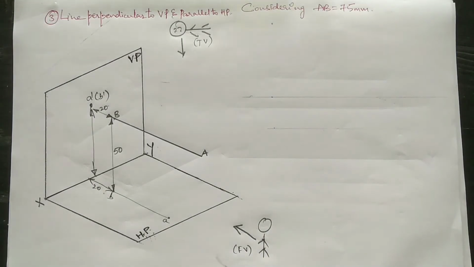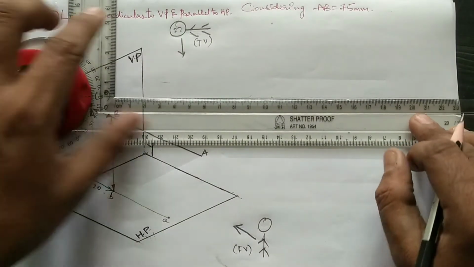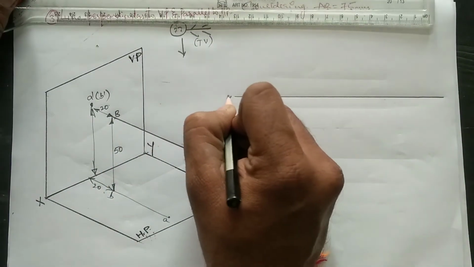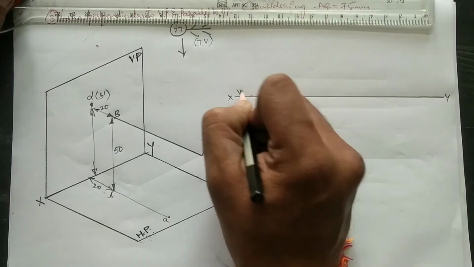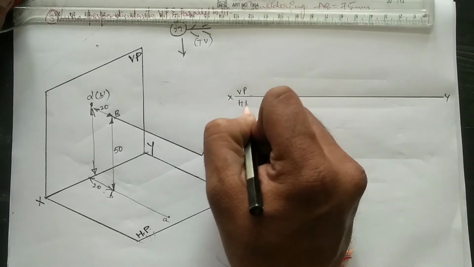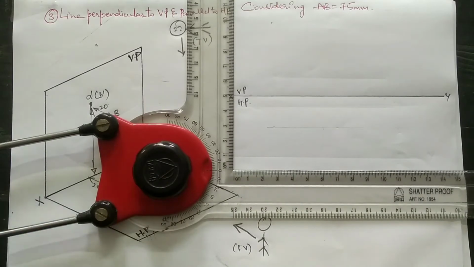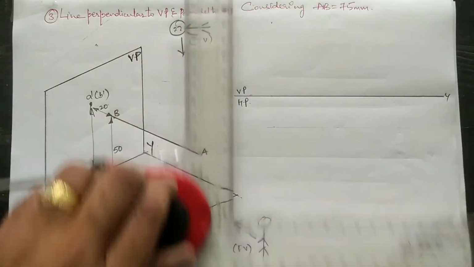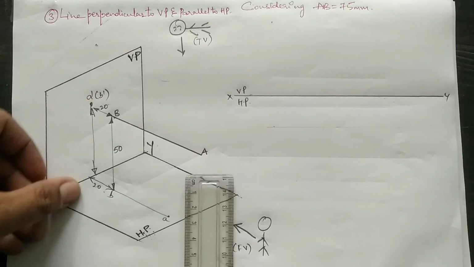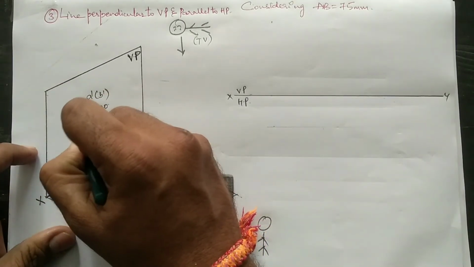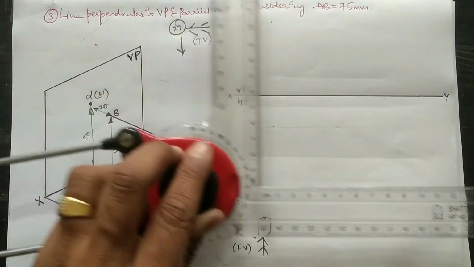First, let me draw the XY line. This is my XY line. This is my vertical plane above the XY line and horizontal plane below the XY line. Now draw the locus line. On the vertical plane, it is above HP, at a height of 50.